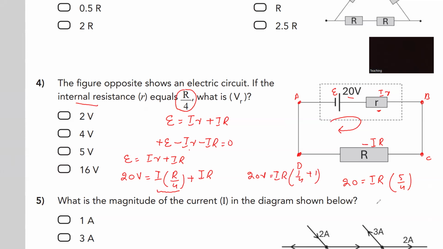Just to solve this, IR is equal to 20 multiplied by 4 divided by 5. So 5 ones are 5, 5 fours are 20. So IR is equal to 16. So our answer here is 16. All right. So this is the method by which you can find the answer here. All right. So this is the simplest method.